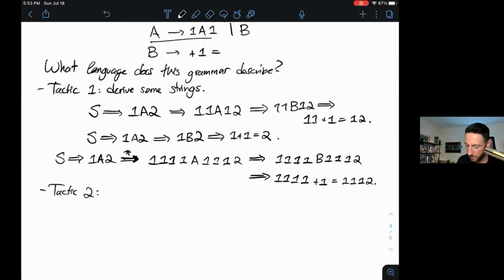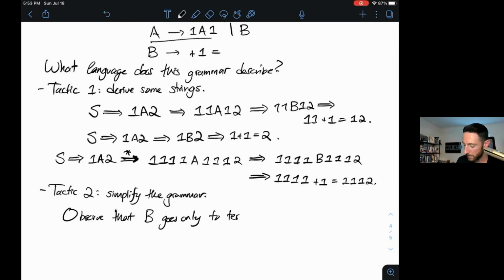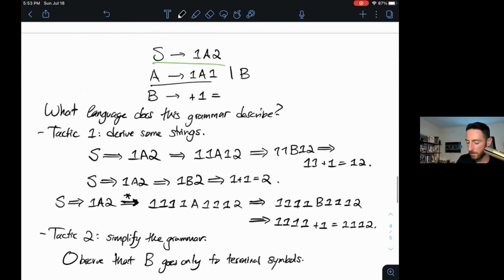So tactic 2 is simplify the grammar. In this case, we can observe that B goes only to terminal symbols. Whenever I see a B, there's only one rule I can use.